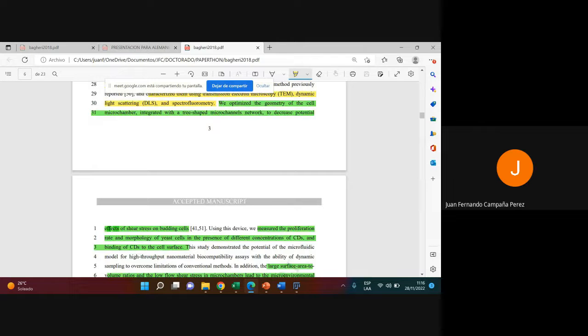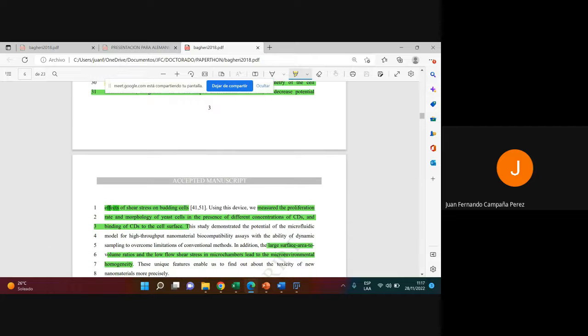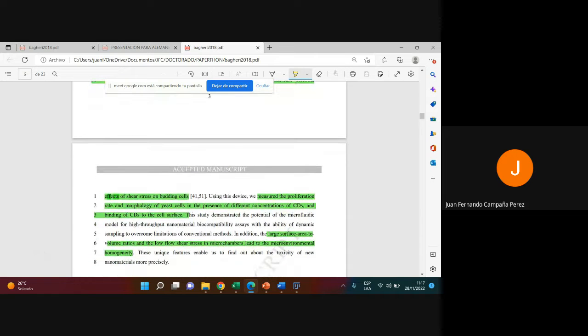And I found this very interesting. They optimized the geometry of the cell microchamber integrated with a tree-shaped microchannel network to decrease the potential effects of shear stress on budding yeast.